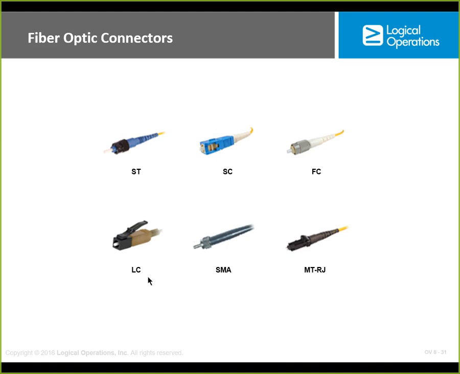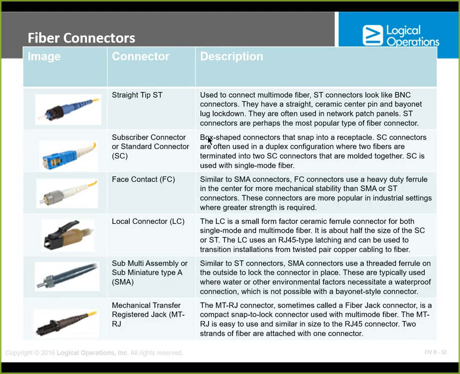This is just another look at fiber optic connections, without them being labeled, the connector types that you may see. And this is a table. I took the cable, made a table out of the book. The straight tip, the subscriber connector, the face connector, local connector, SMA (sub-miniature assembly), register connector, and then the uses over there on the right.